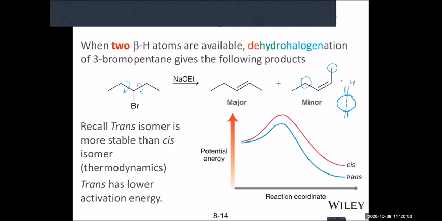If hydrogen is there, hydrogen, and these two CH3, and the other also CH3, you get a completely eclipsed structure. The energy is high. So the cis product is higher energy, and because the cis product is higher energy, the transition state for the cis also has higher energy.